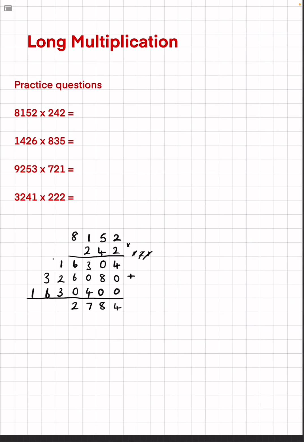We put the 2 down, carry the 1. 1 add 1 add 2 add 3 is 7. 3 add 6 is 9. And 0 add 1 is 1. So the answer is 1,972,784.